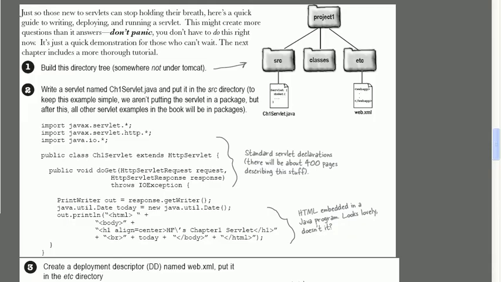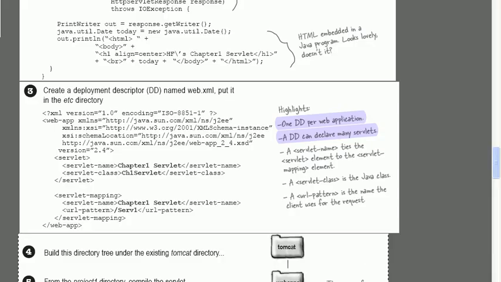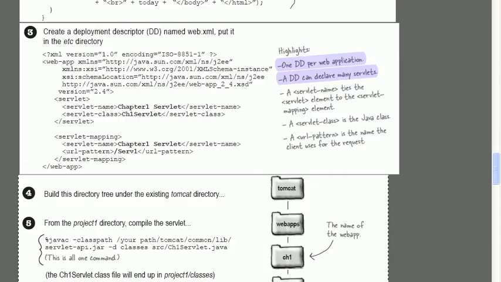Right, and every servlet or web application has a deployment descriptor, which is an XML file defined in web.xml. You could only have one deployment descriptor per web application, and a deployment descriptor can declare many servlets.